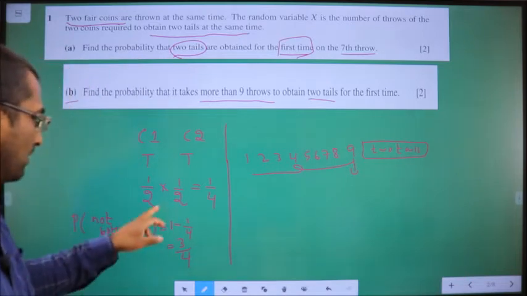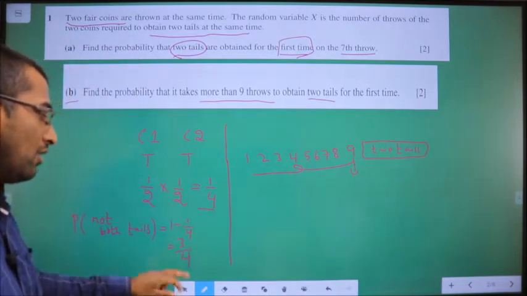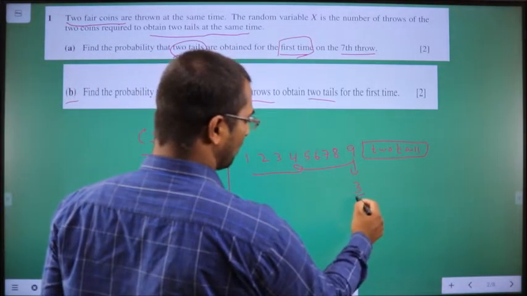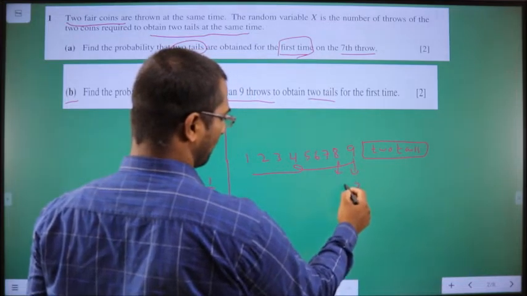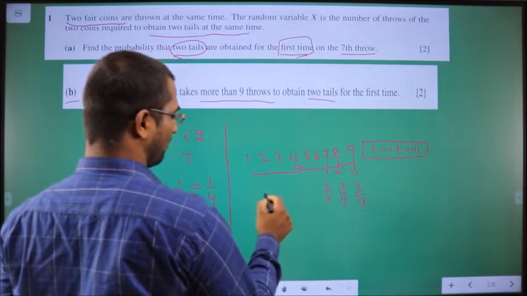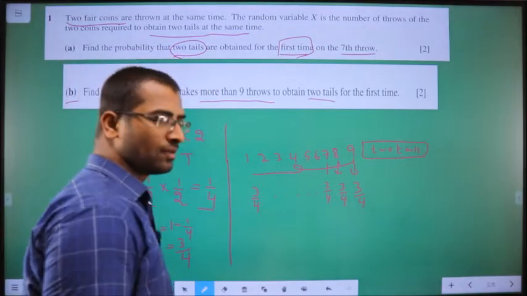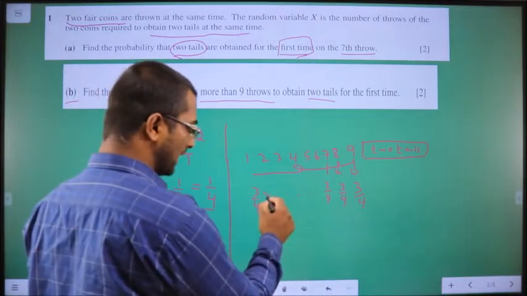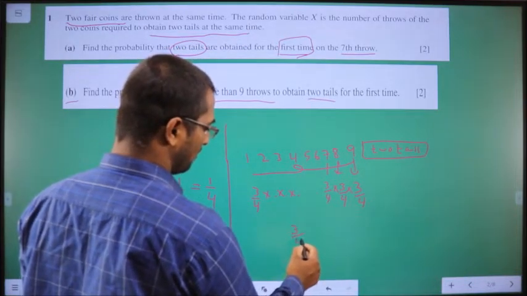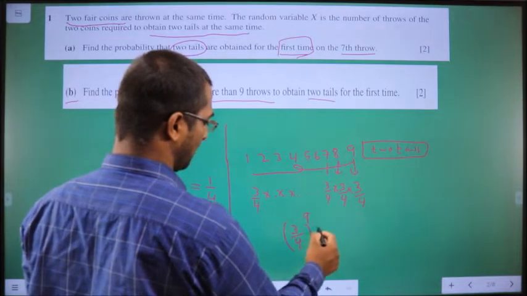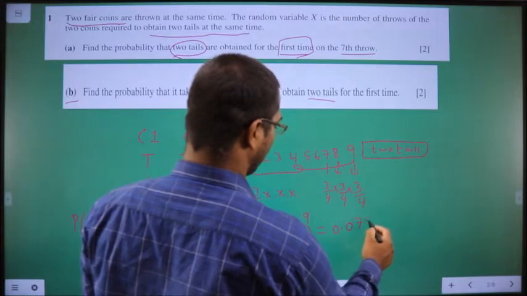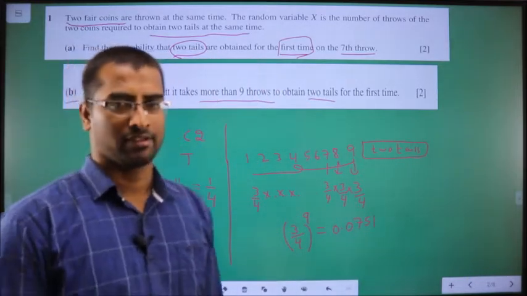We found it before. Probability of getting both tails is 1 by 4, not getting both tails is 3 by 4. For each throw it is 3 by 4. They all should happen together, so multiply between them. So my answer will be 3 by 4 power 9. That will give me 0.0751.